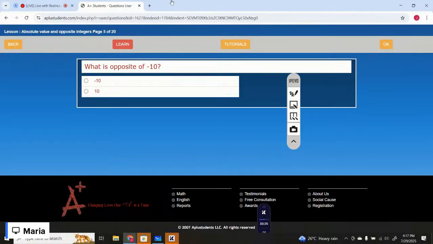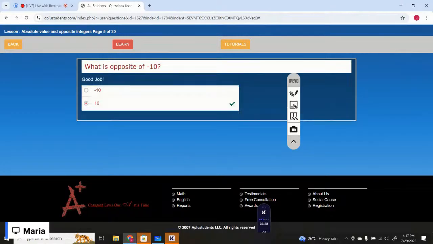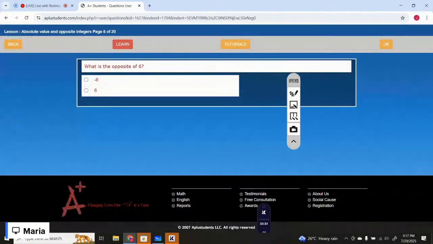That is positive 10. Option number 2 is the correct option. What is the opposite of 6?